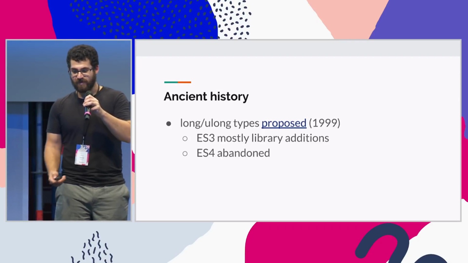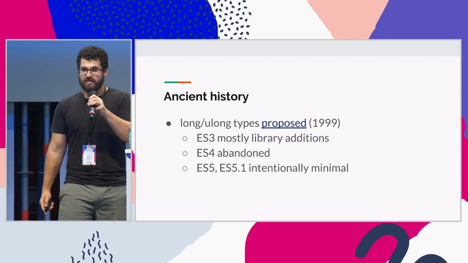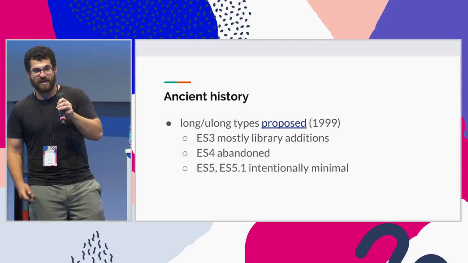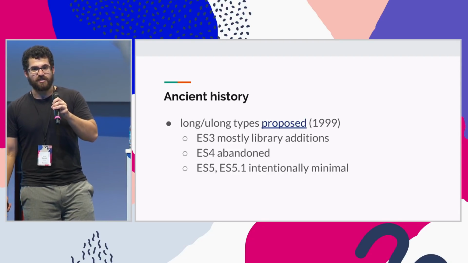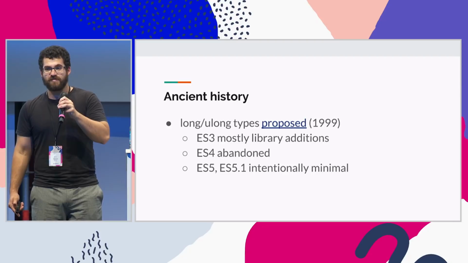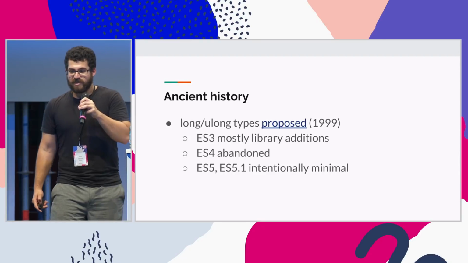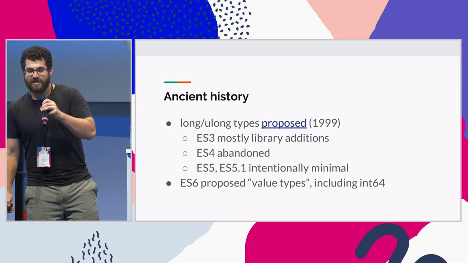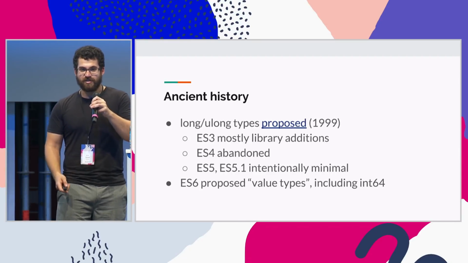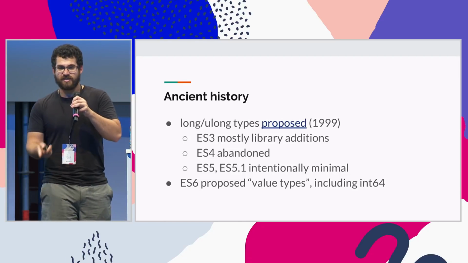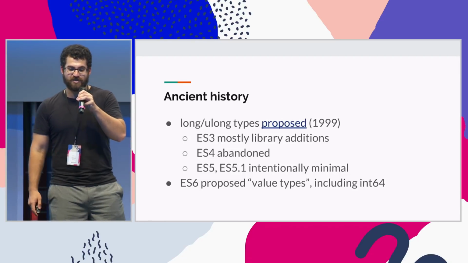And in ES5, to sort of recover from that, to heal from that process, the language changes were really minimal and included things like cleaning up the object model and eval and a few other library additions. Then ES6 made a whole bunch of changes, such as this destructuring assignment that I just mentioned.